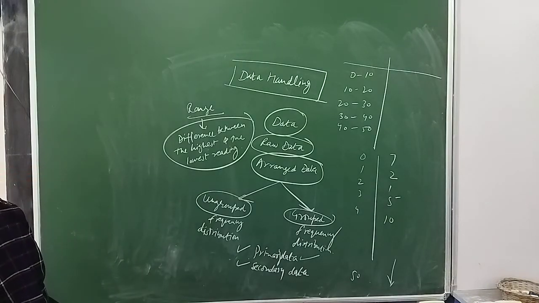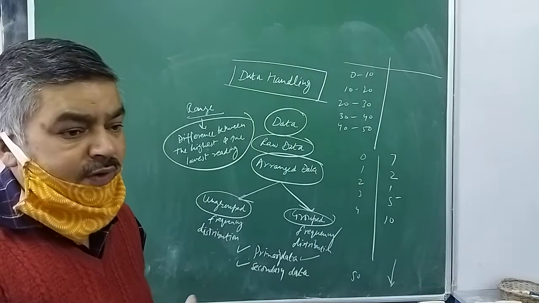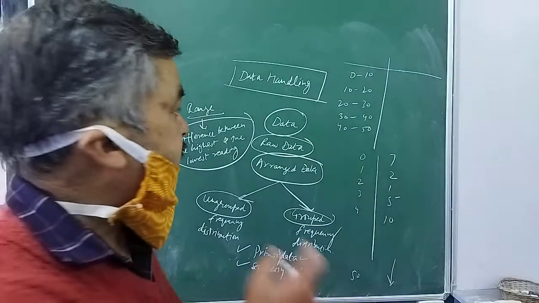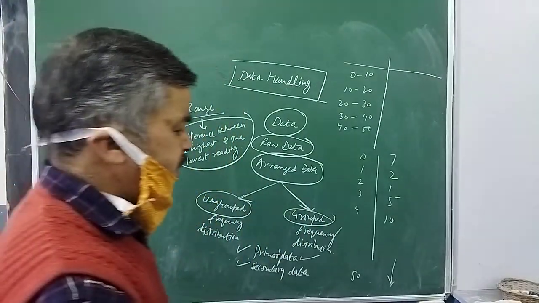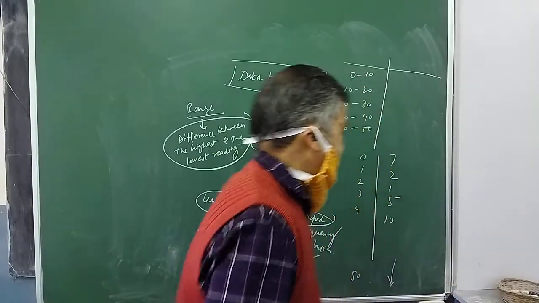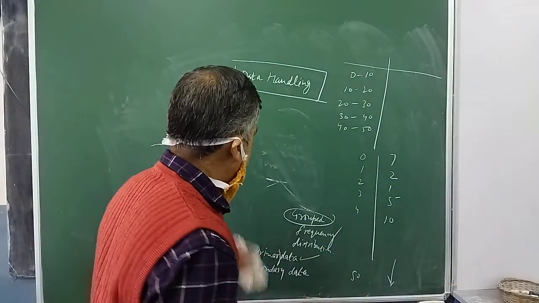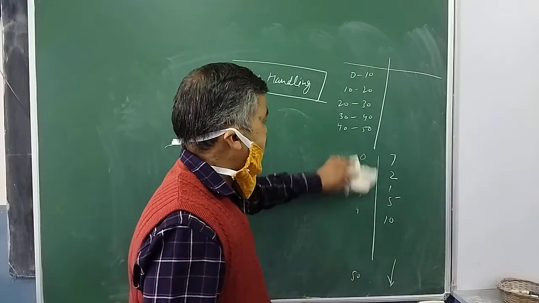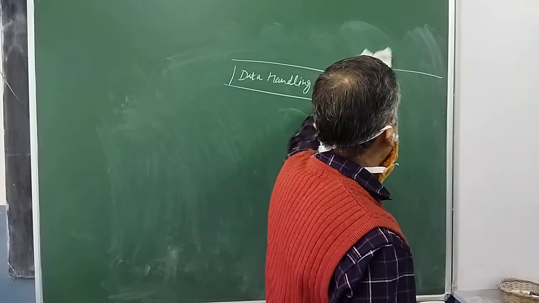Then there is data representation. What is statistics? Data handling. You can answer simply: statistics is the branch of mathematics which deals with the interpretation of data.